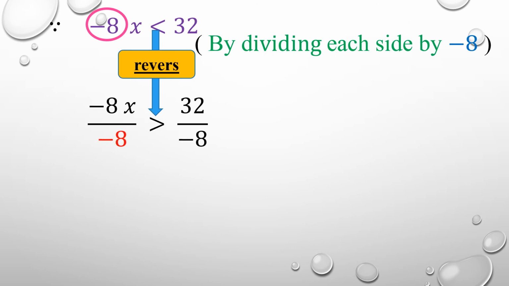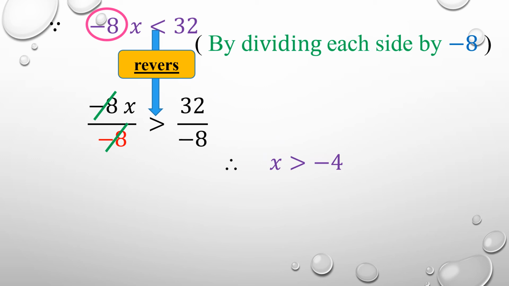Here we get rid of negative 8 by dividing both sides by negative 8. But before that, we said when we divide by a negative, we reverse the sign of the inequality, or we change the direction of the inequality sign. Okay? So here the answer will be negative 8x divided by negative 8, and I reverse the sign from smaller than to bigger than, 32 divided by negative 8. Here I cancel negative 8 and negative 8 up and down.